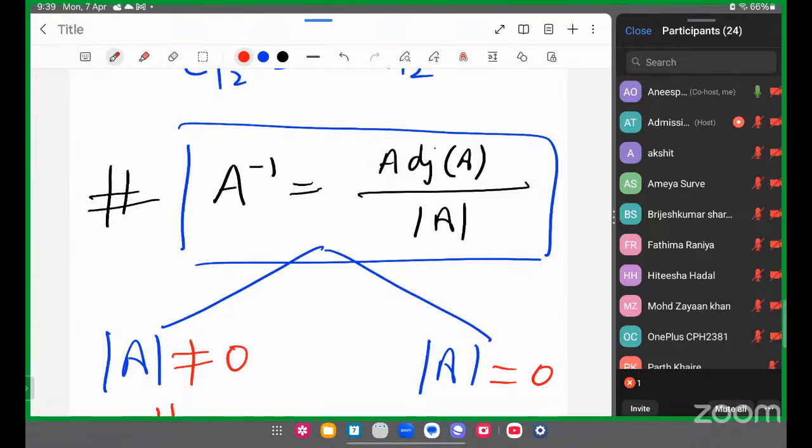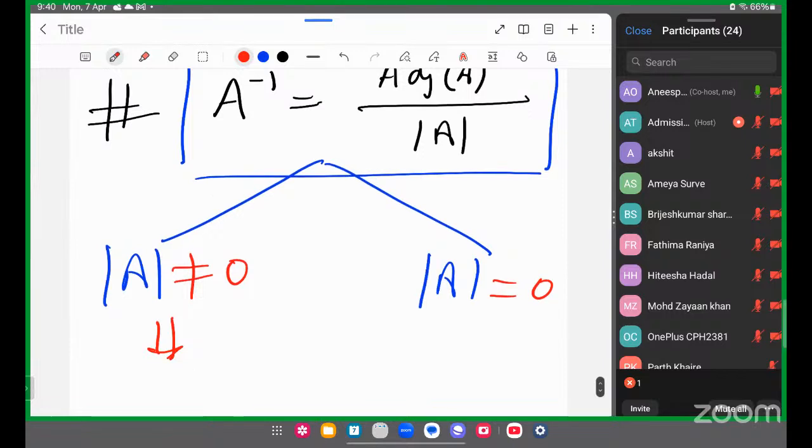Or in other words, A inverse is 1 upon determinant A times adjoint A, which means we multiply 1 upon determinant A into the adjoint matrix. To multiply a matrix with a scalar, you multiply the scalar with each element of the matrix. So we multiply 1 by determinant A with each element. But this will be possible only if determinant A is not 0.